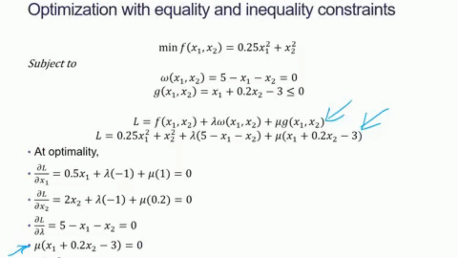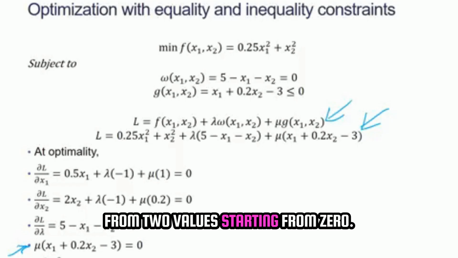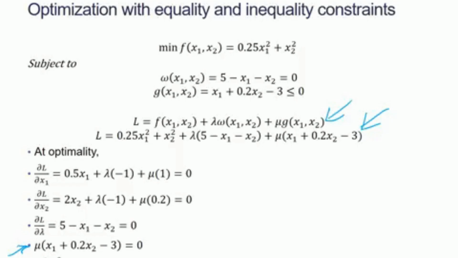We should solve mu from two values starting from 0. Yes, okay, it's a nice try, good, I like that.